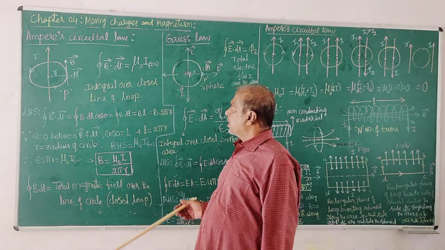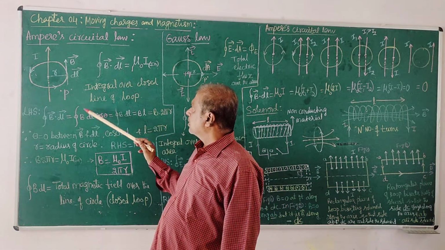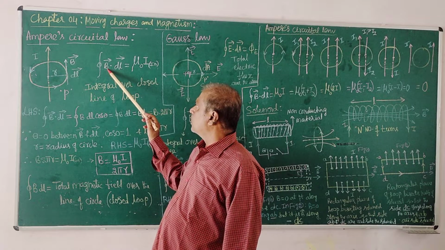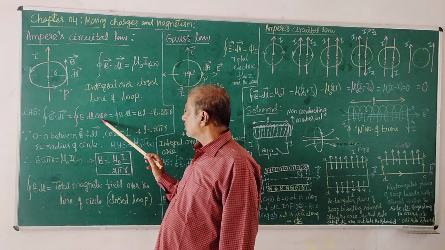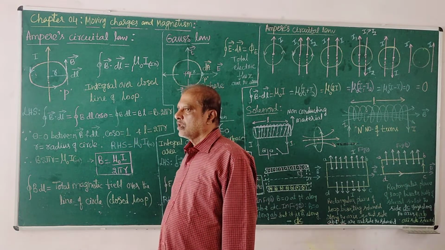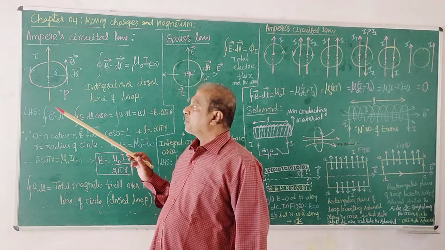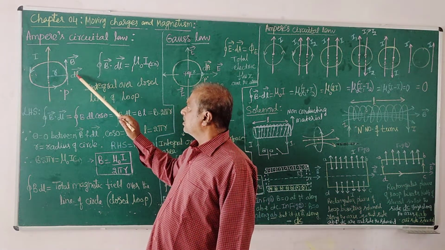What is the dot product? It is this value times this value times cos theta. What is theta? Theta is the angle of separation between the two vectors. B is a vector, dl is a vector.